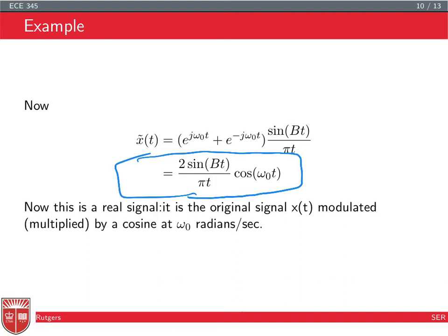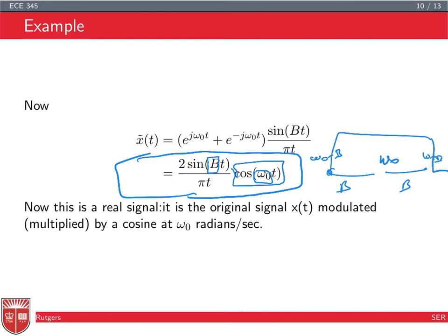So the takeaway message is that multiplying by cosine omega 0 t makes the filter a bandpass filter. It takes it from being a low-pass filter to a bandpass filter centered around omega 0, and the interval is of length 2b, from omega 0 minus b to omega 0 plus b.